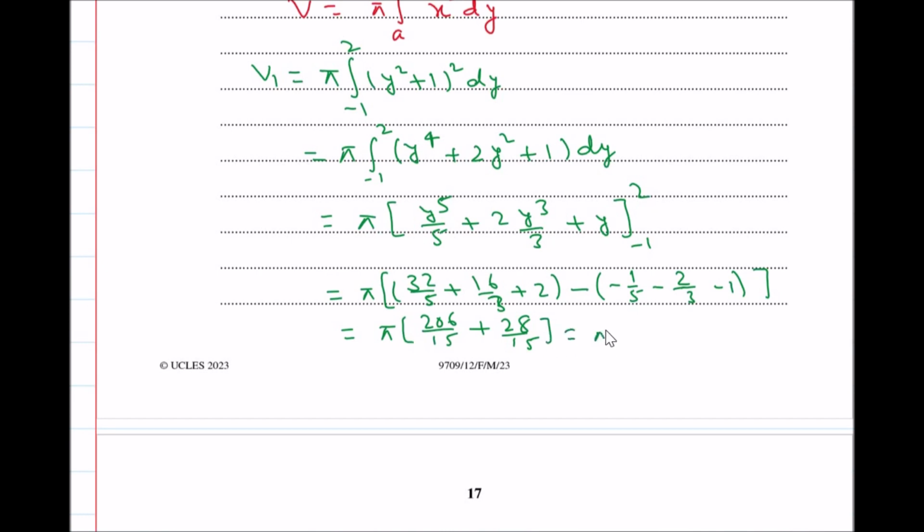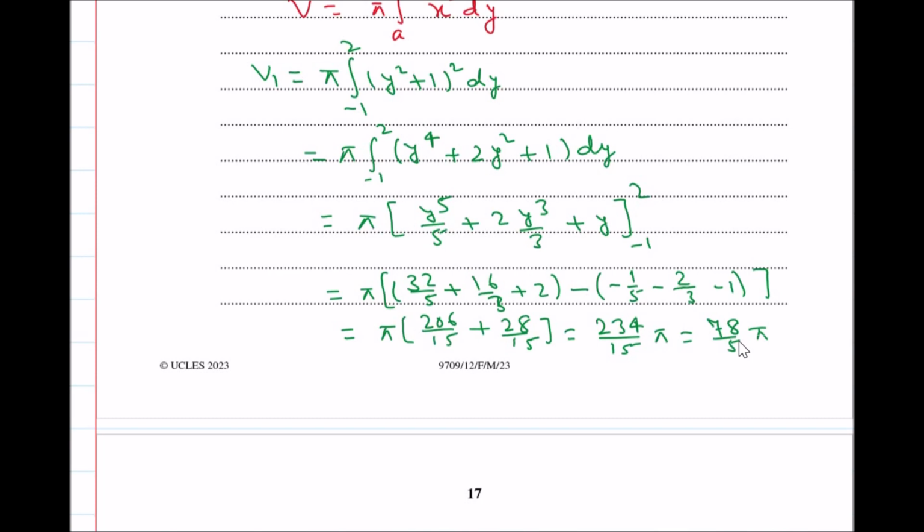That is equal to pi, and if you add this, we get 234 by 15 pi. And if you simplify this, we get 78 by 5 pi. Okay, this is V1.